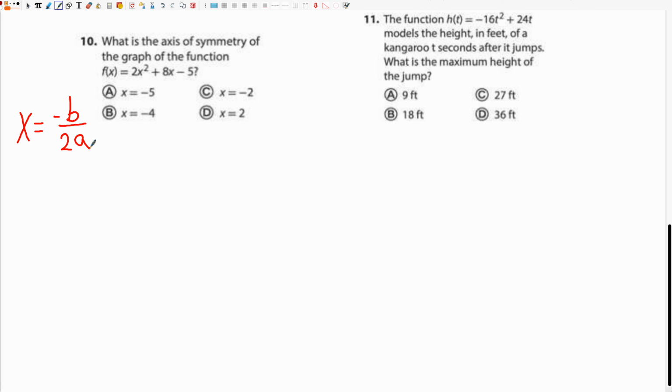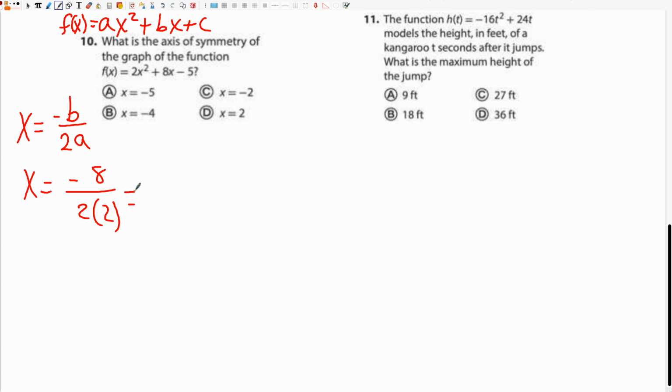So what's the b value? ax squared plus bx plus c. That is standard form, f of x equals. So put negative 8, x equals negative 8 over 2 times 2.